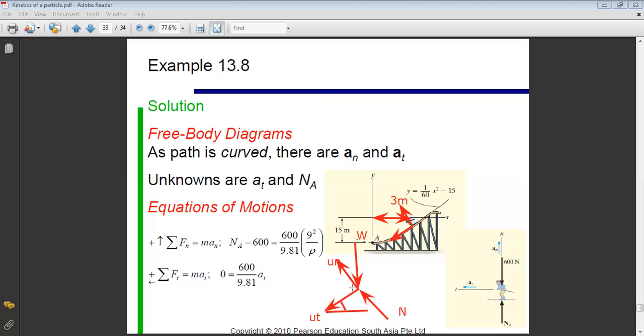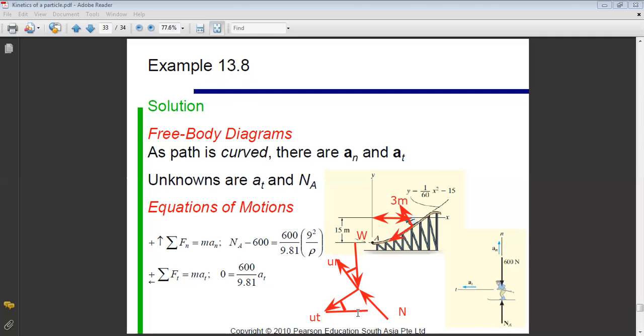The angle between ut and the horizontal is equal to the angle between un and the weight. Why? Because the weight is perpendicular to the horizontal and un is perpendicular to ut, so these two angles are equal. You can also find this by another method.